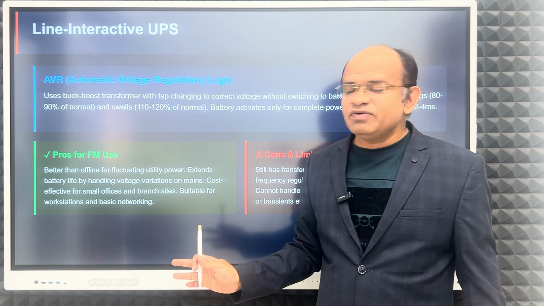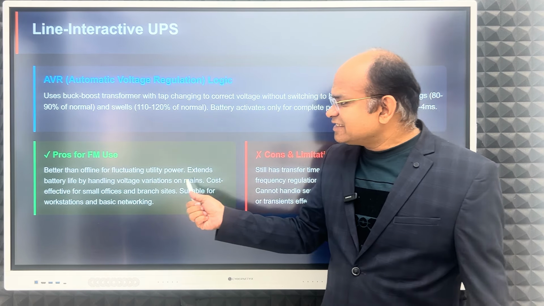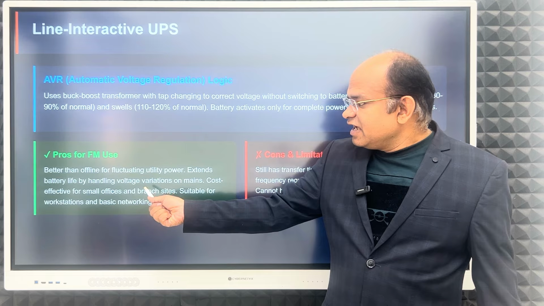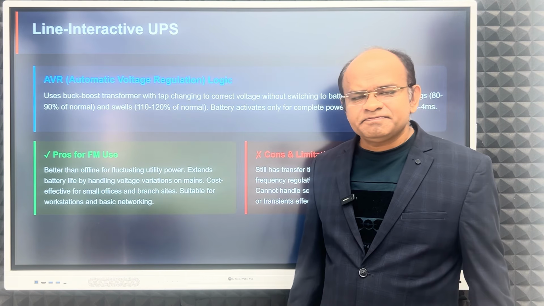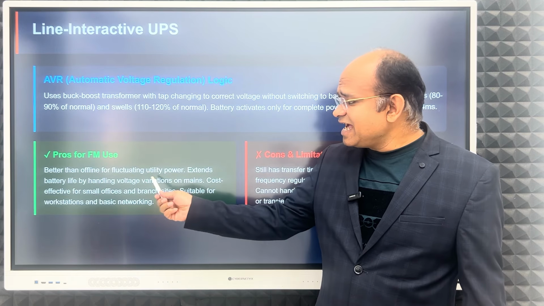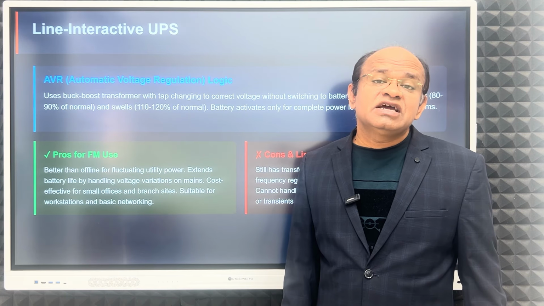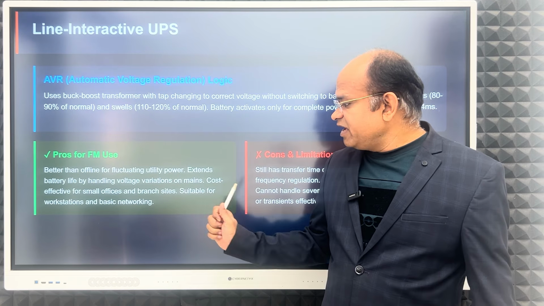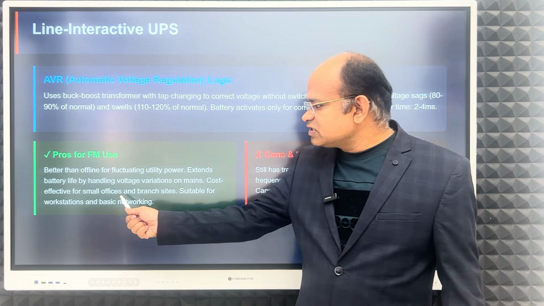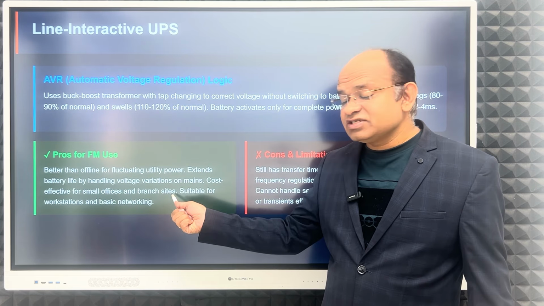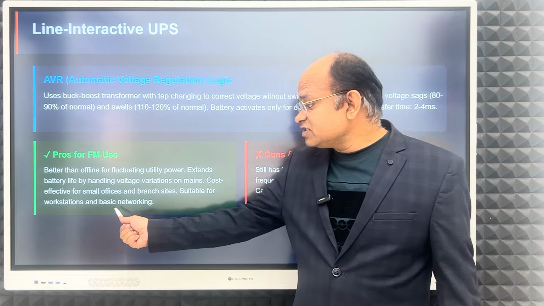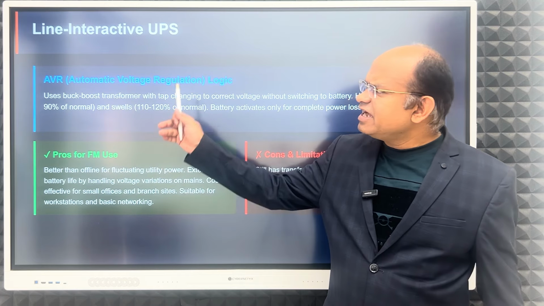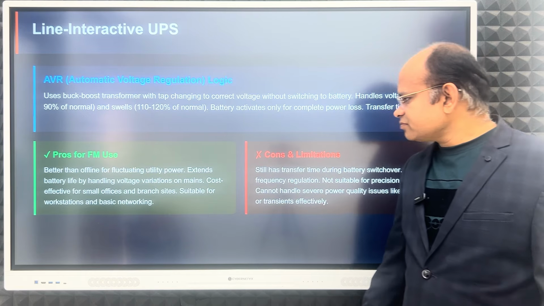Voltage regulation extends battery life by handling voltage variations on mains. So it is cost effective for small offices and branch sites, not for critical loads. Suitable for workstations and basic networking. Line interactive you can use.